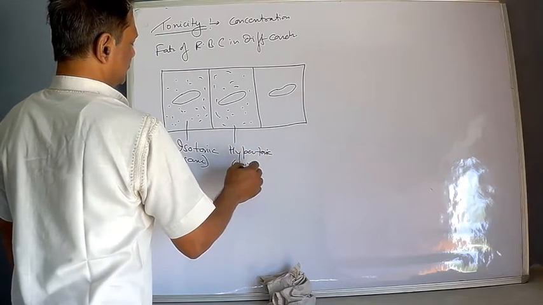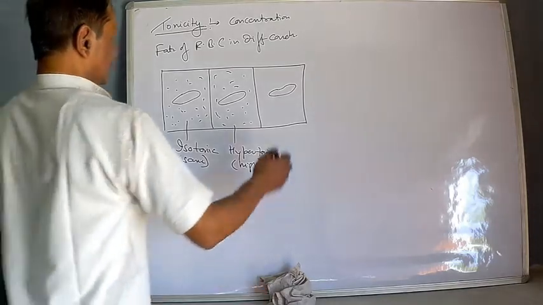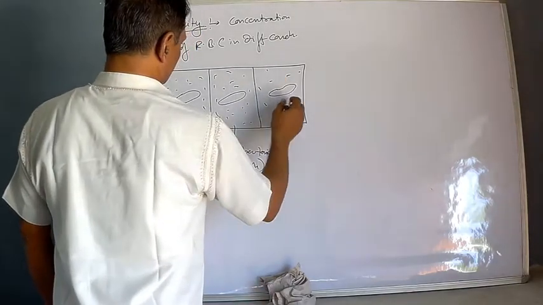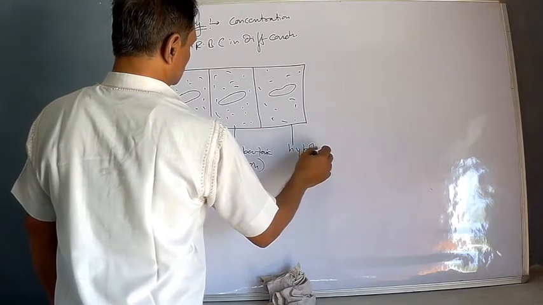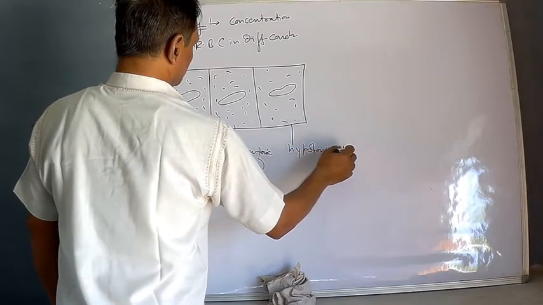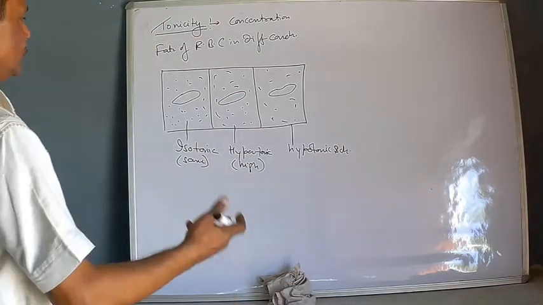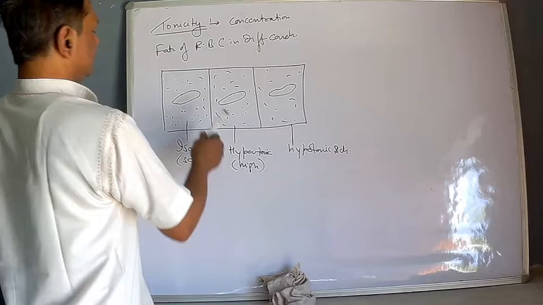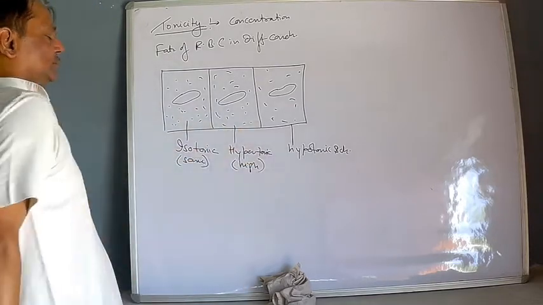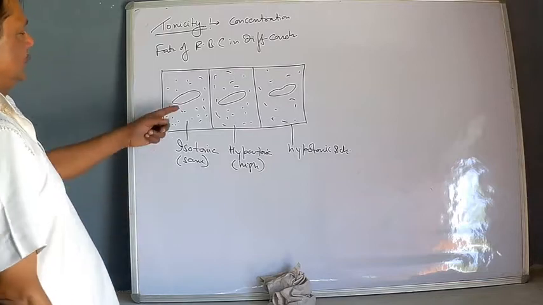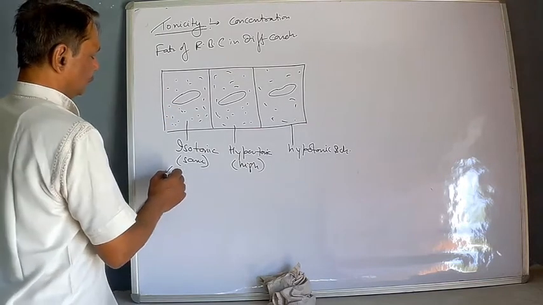Hyper means high. In the third case, RBC has been placed in hypotonic solution. Now we are going to find out what is going to happen to RBC if it is placed in isotonic, hypertonic and hypotonic solution. In the first case, since the concentration of both are same, therefore no effect.